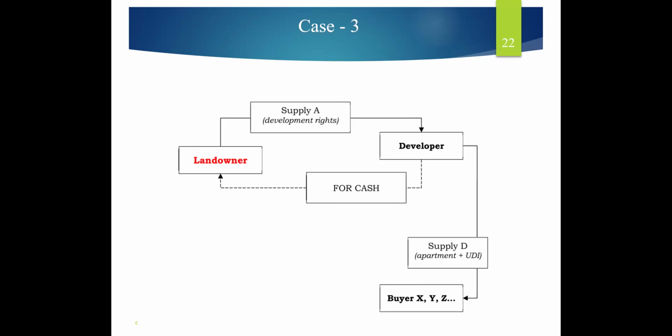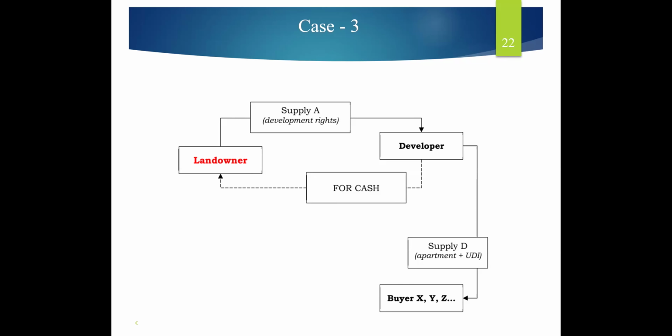There is a transfer of development rights from landowner to developer, and the developer will develop a building based on the right received from the landowner, and the cash consideration derived after the sale to the end customer is considered as consideration for the development right. That is the one school of thought.